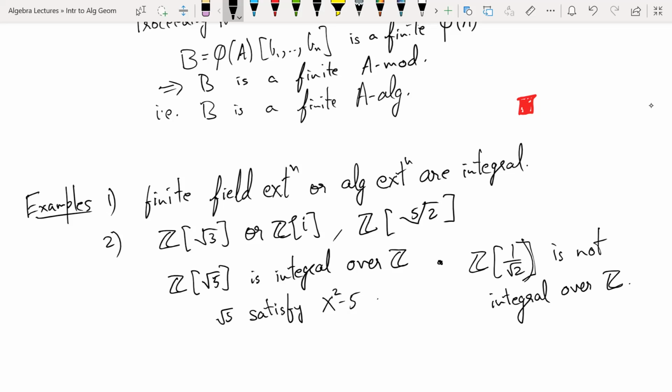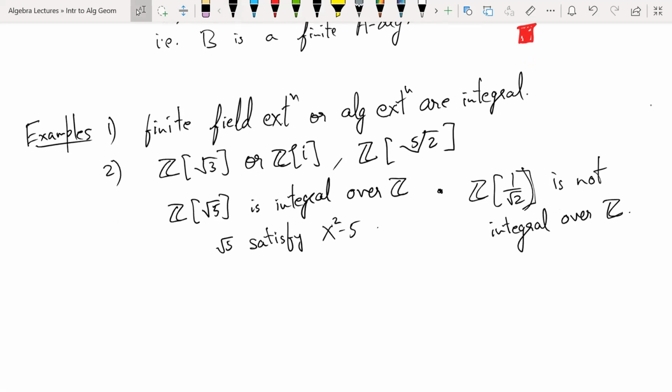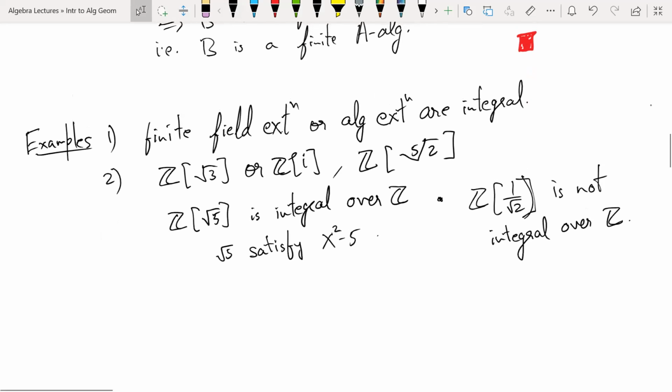But if you adjoin a root of a monic polynomial which has integer coefficients, by definition, it's integral. The roots are integral, and hence the subring generated by it is integral. And similarly over polynomial rings.